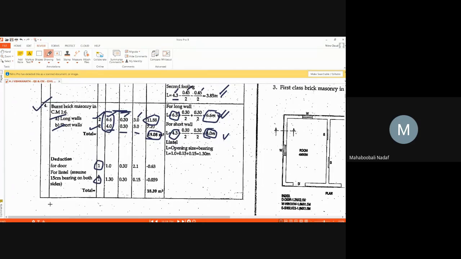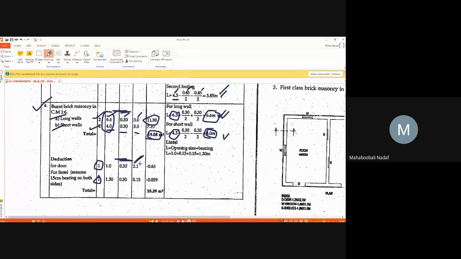So in this one, first write the width. The width of the door is the same as the width of the wall, so that is why 0.3 is written. In the plan, the height is given as 2.1, in the schedule of openings. Remember that point.